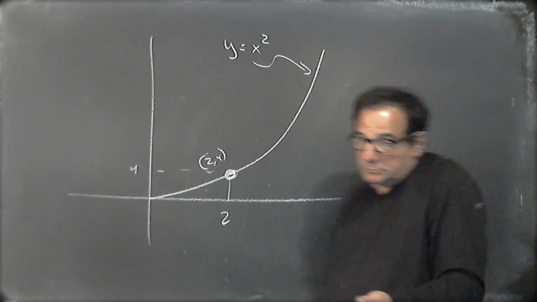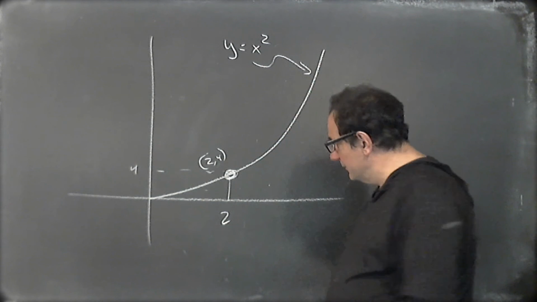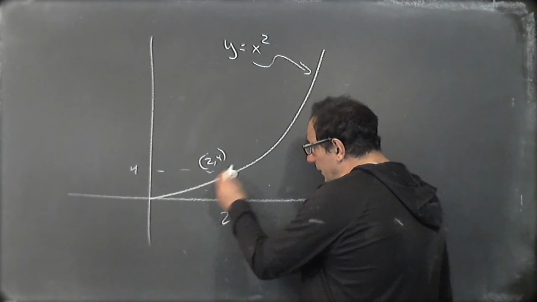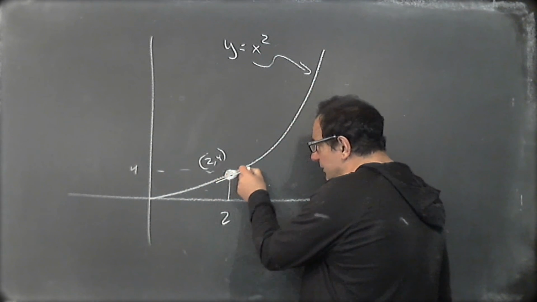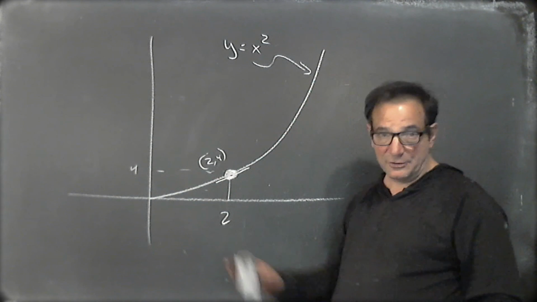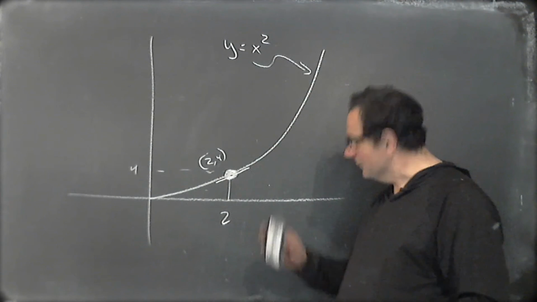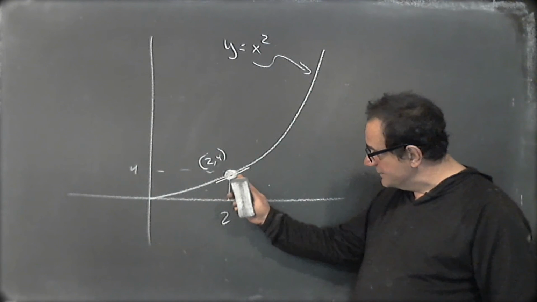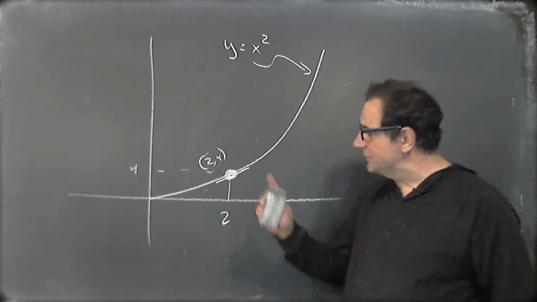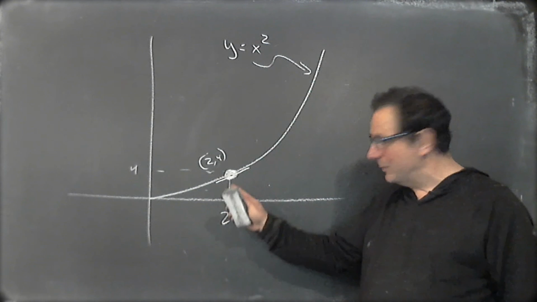So let's go with that idea and imagine the slope of our skis as we're going down this hill. Well, actually, since the x-axis is oriented this way, we'd be going up the hill, but you get the idea. We're going to use the slope of our skis to define the slope of the curve at a point.